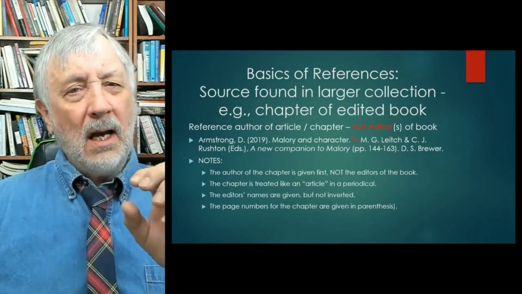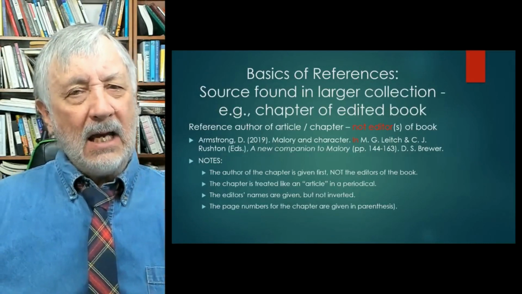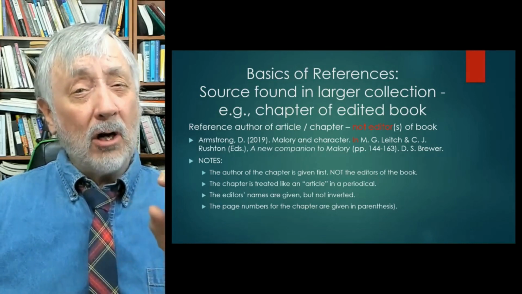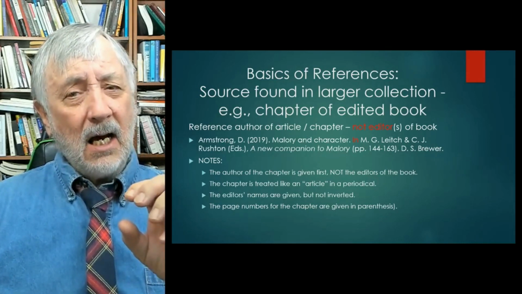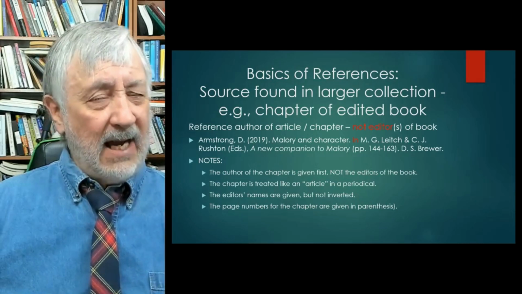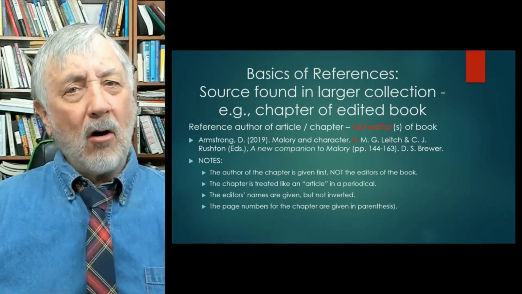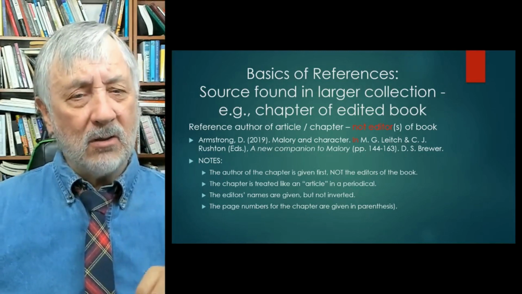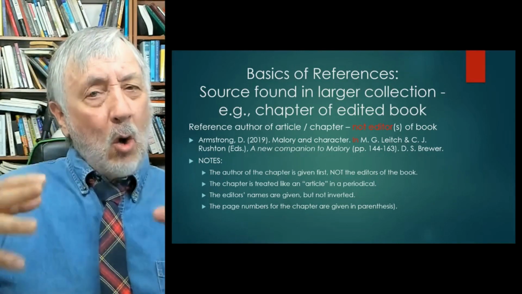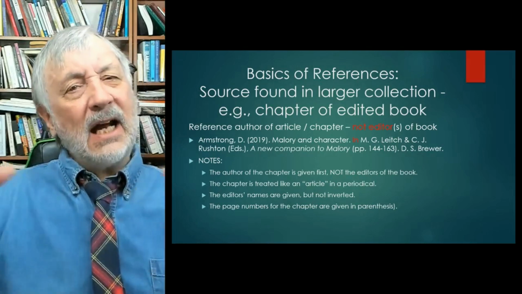If you have a source that is an article or a chapter in a larger collection, that is a chapter of an edited book, you again refer to the author of the article or chapter that you're referring to. Well, that's a little awkward, but you don't refer to the editors because you're not citing the entire book.